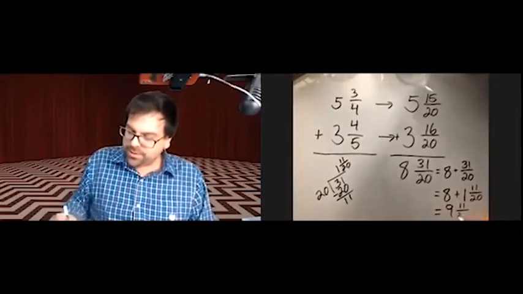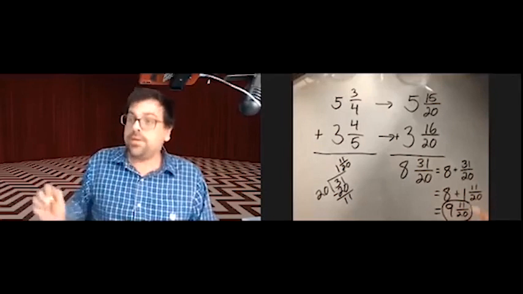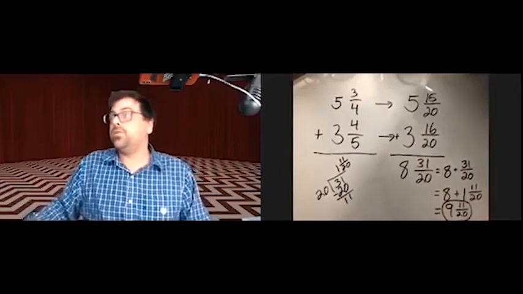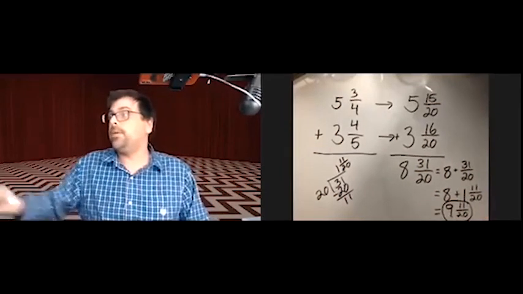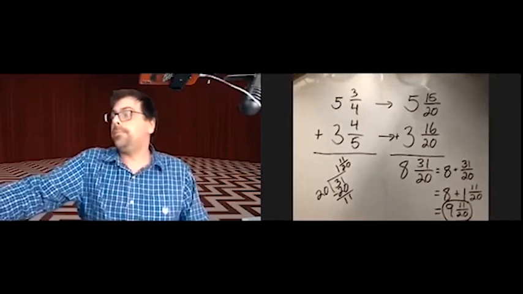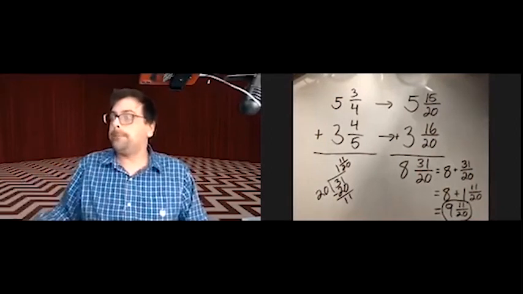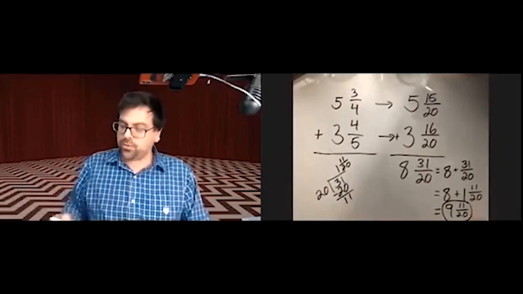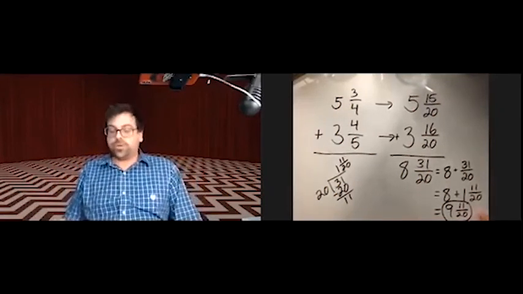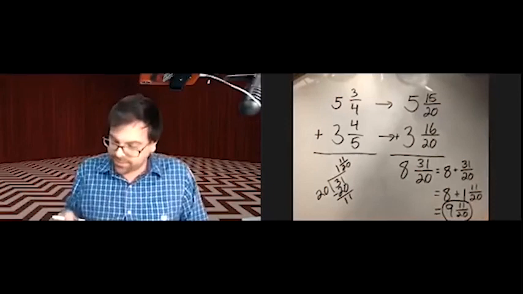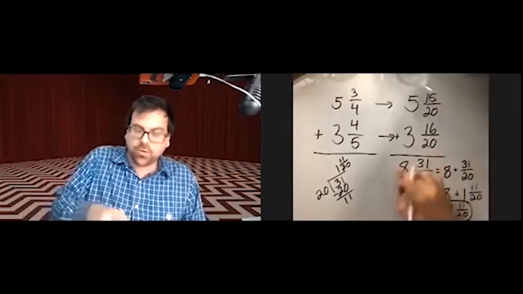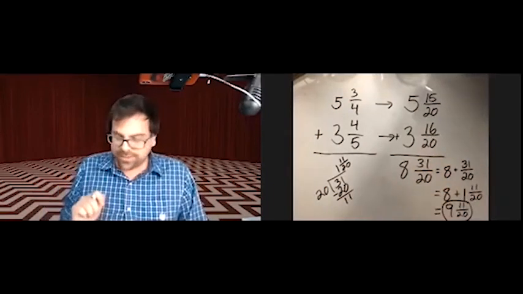Final answer, 9 and 11/20. So make sure when you get your final mixed number form that there is not an improper fraction in what you're trying to use as your final answer.